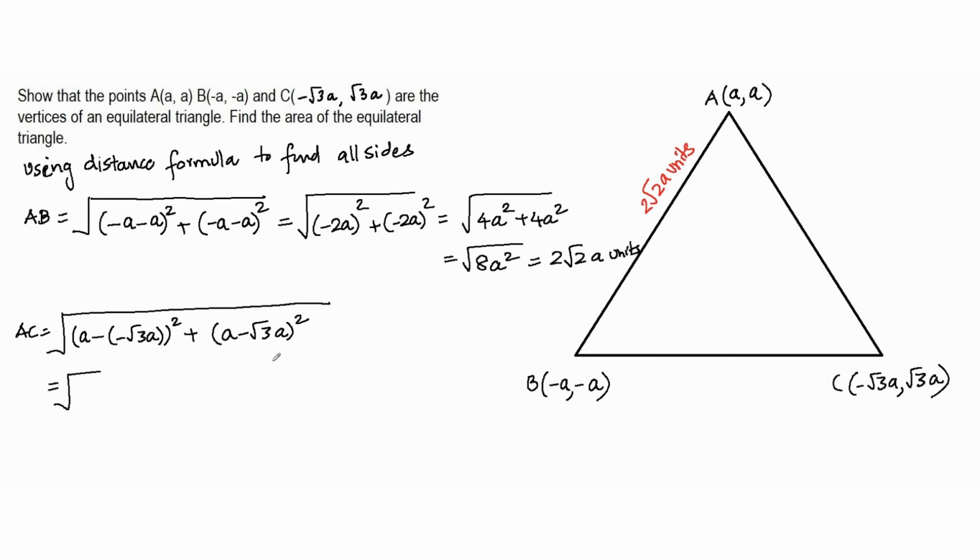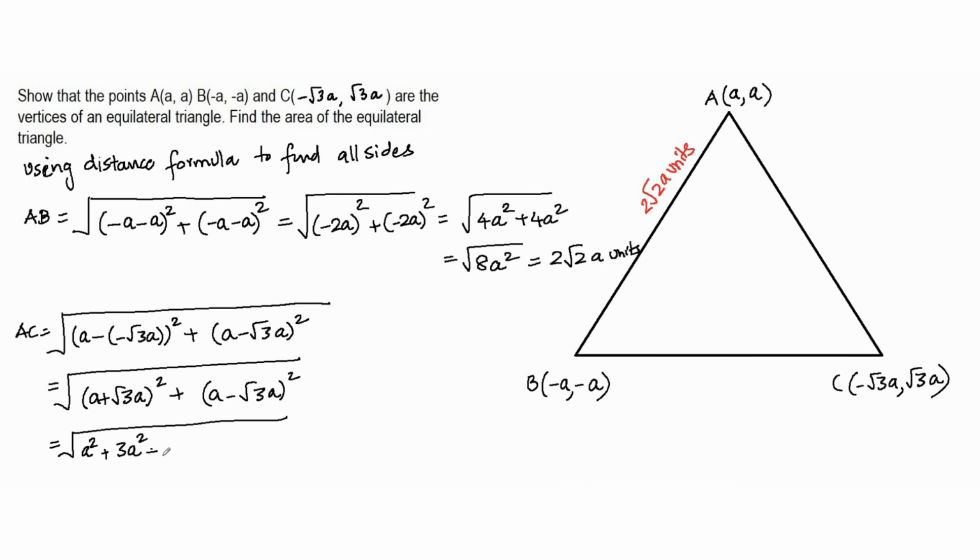That is going to be under root of (a plus root 3 a) the whole square plus (a minus root 3 a) the whole square, and that is going to be under root of a square plus 3a square plus 2 root 3 a square, and (a minus b) the whole square will be a square plus 3a square minus 2 root 3 a square. Now plus 2 root 3 a square minus 2 root 3 a square cancels. So this is going to be under root of 8a square, which is again equal to 2 root 2 a units, right? So the length of AC is also 2 root 2 a units.